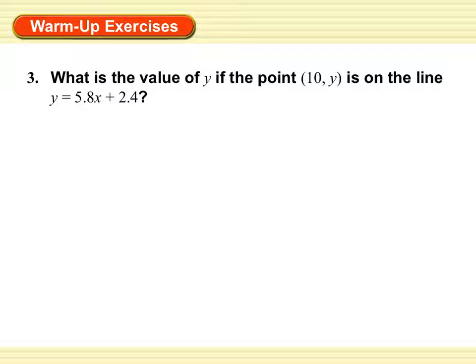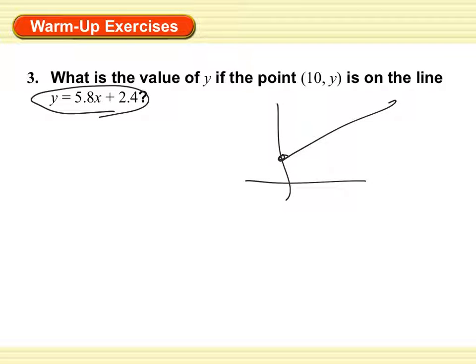Okay, another thing: what is the value of y if the point (10, y) is on the line? So here we have a line with a y-intercept of 2.4 and a slope that increases. This point is on that line. Somewhere over here we have 10, it hits the line, and we could read y.